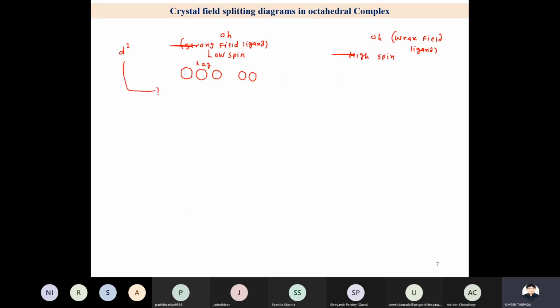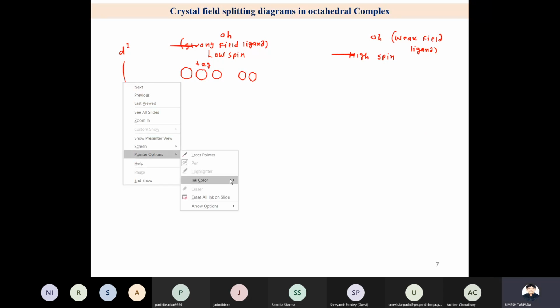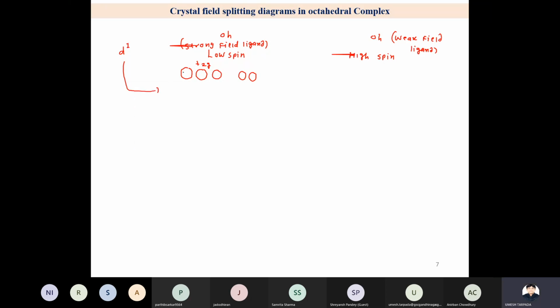The electron goes into t2g, and one electron is there, so you have the same structure whether you go for a high spin complex or a low spin complex, both having the same configuration.